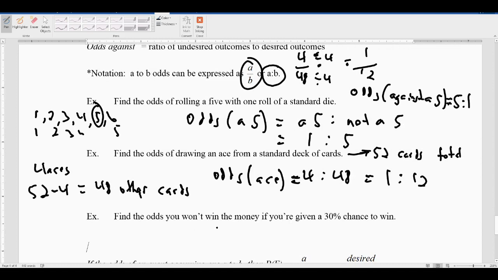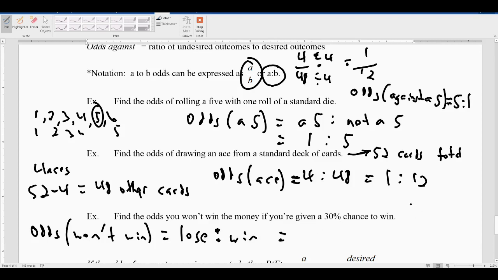Now, in this one, you want to find the odds you won't win the money. So select odds against. So it would be like lose versus win. Lose to win. So what's the percentage that you win or that you lose?